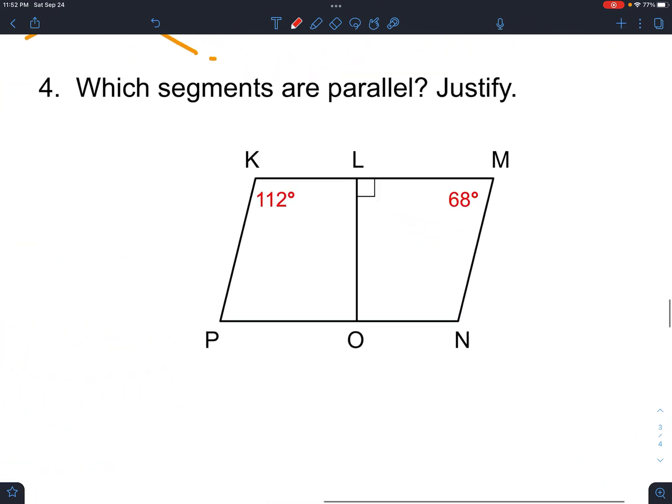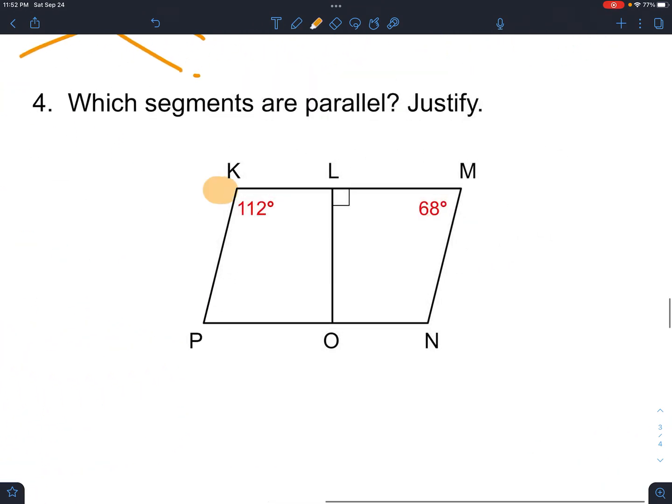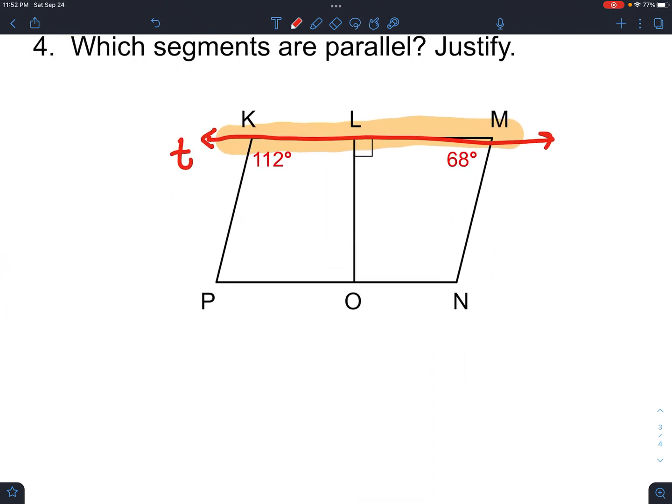So same thing here. If the picture is making you lost, just imagine this as probably the transversal, and you could probably make a counter to me, but that's a good starting point. And then the other lines are probably going to be the parallel ones, but not until we redraw the picture, in my opinion, can you really see it.